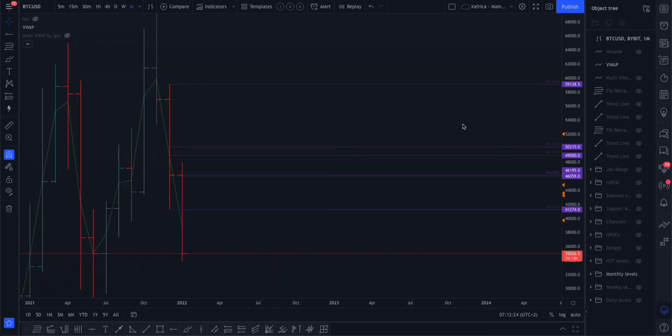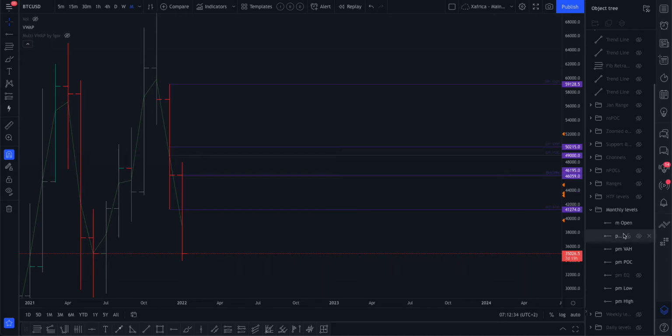Okay, I'm just going to start by checking the monthly levels. I'll show you, there are two that are right on top of each other there. I think it's the monthly open.